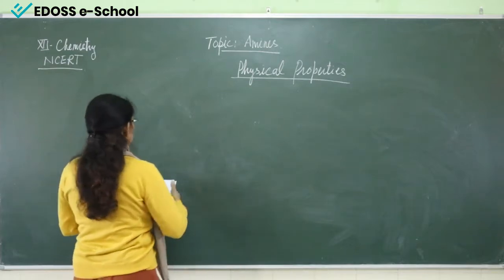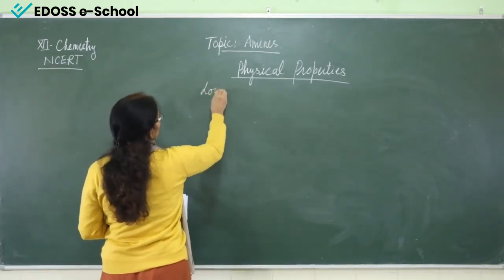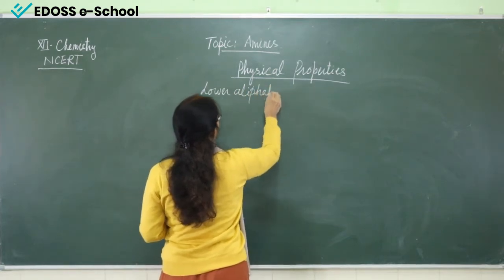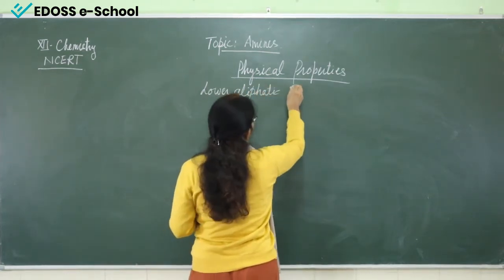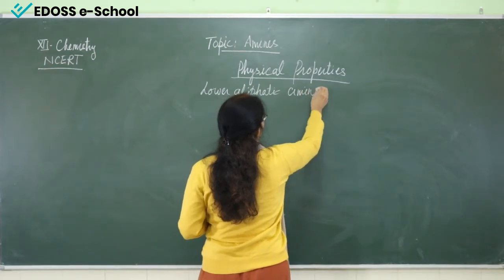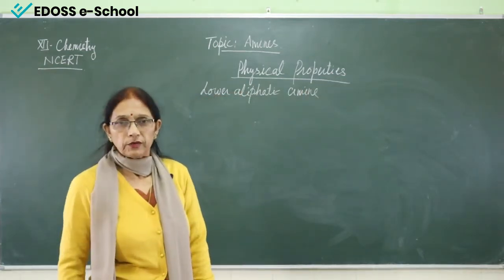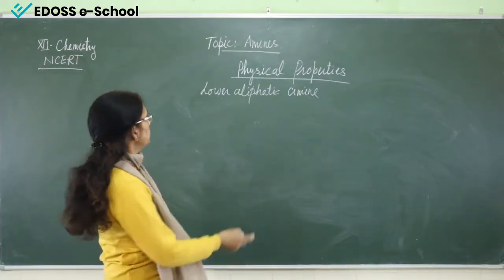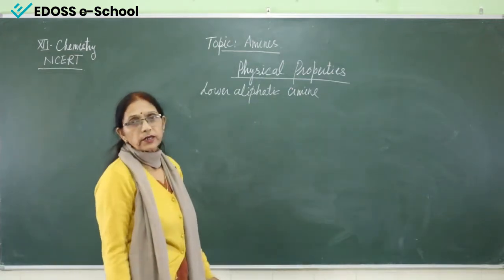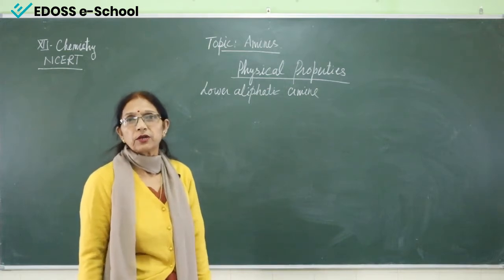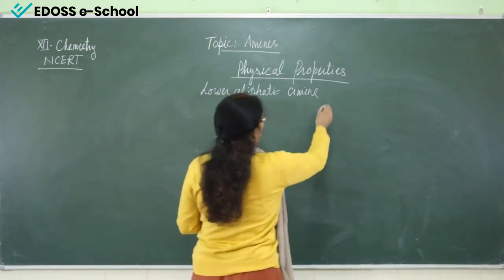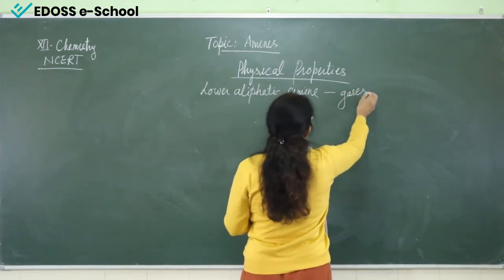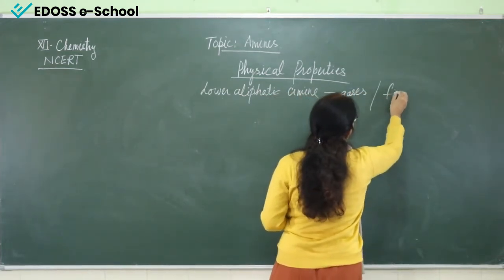A few more I can tell you: lower aliphatic amines, having C1 or C2, that is, a lesser number of carbon atoms, are in the form of gases, and the odor is a fishy smell.